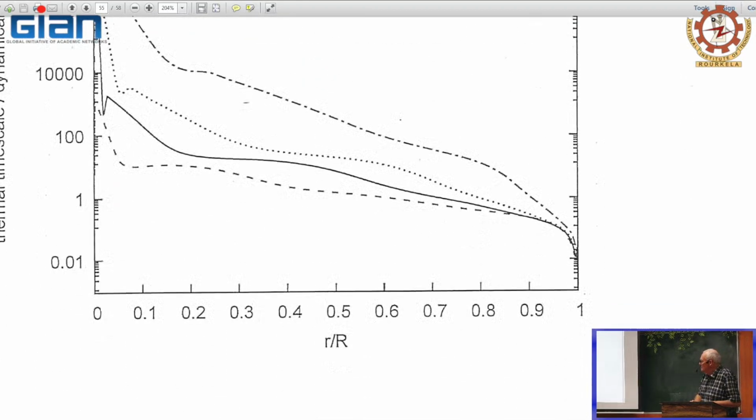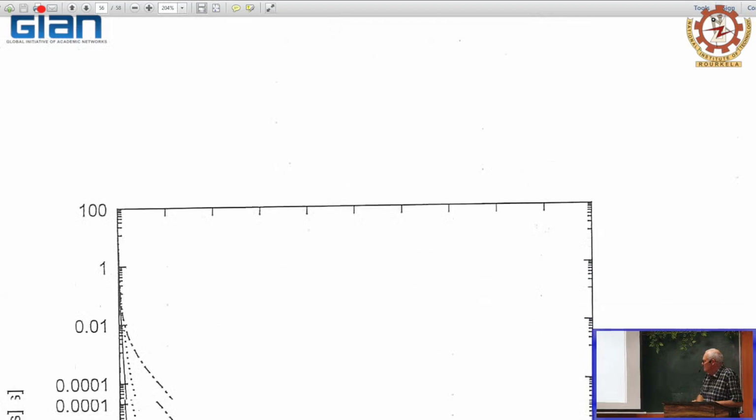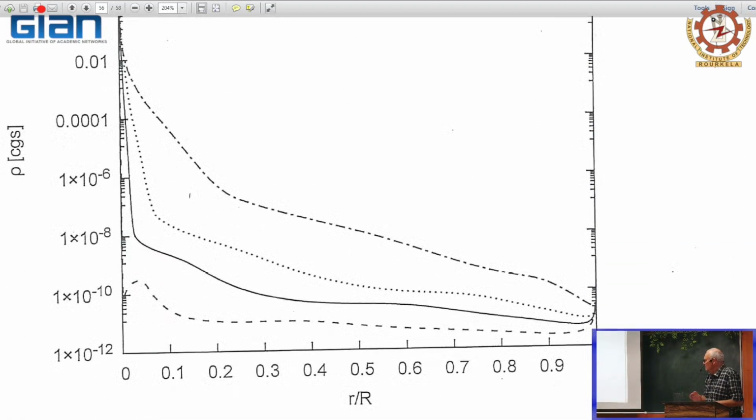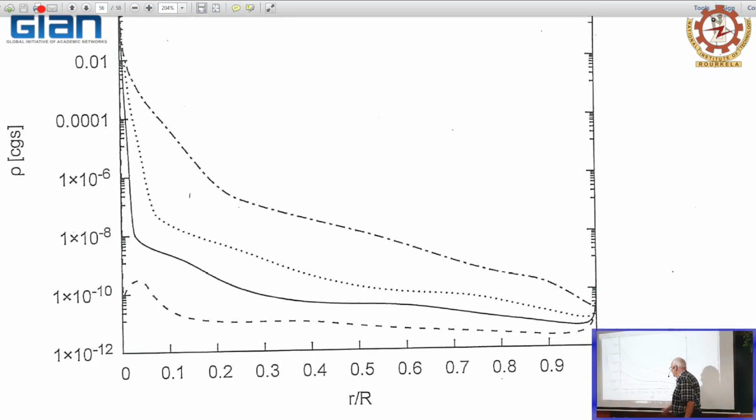Okay, what we see for the density structure, where the density is given on a logarithmic scale as a function of relative radius, is that there is an extended envelope with extremely small densities. That's true for all these stars.